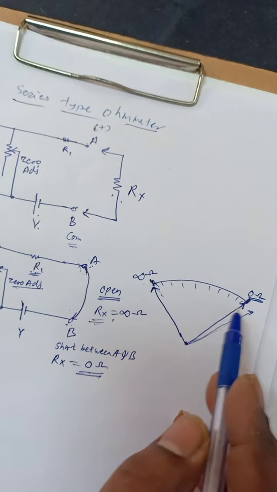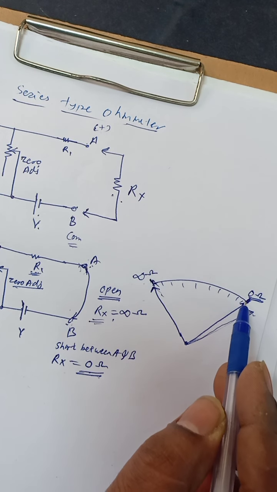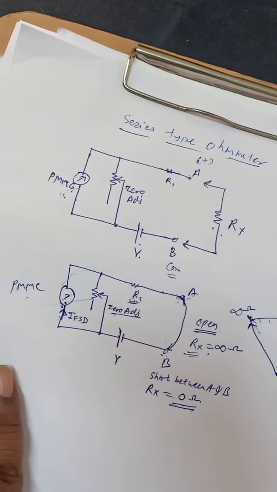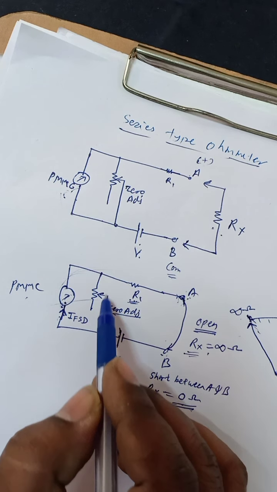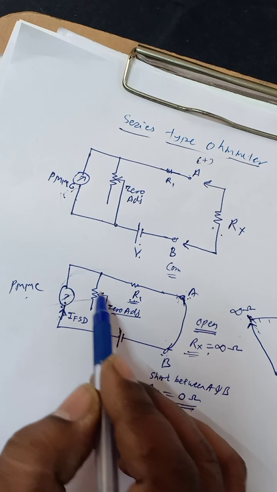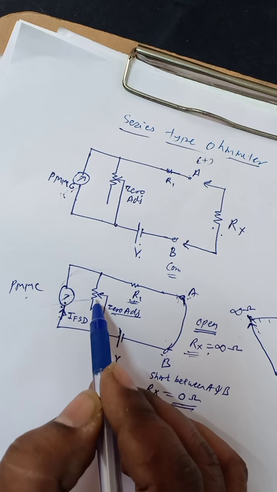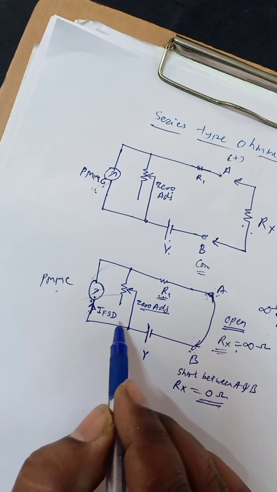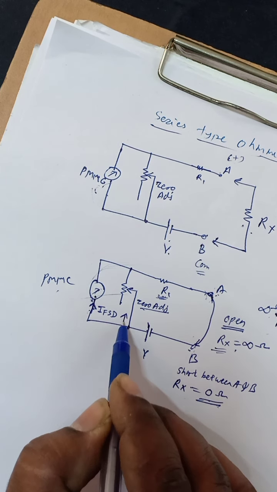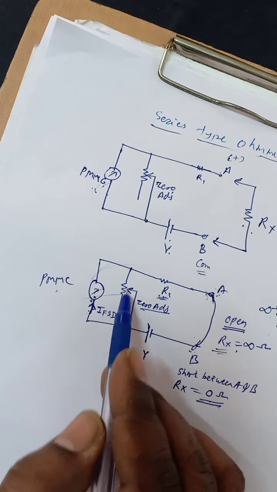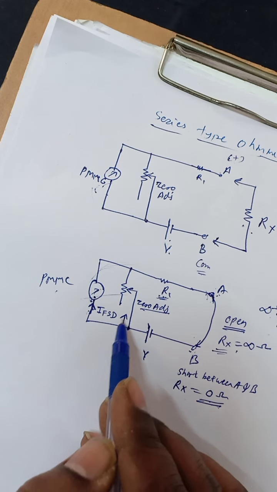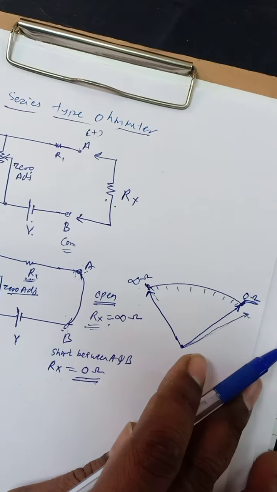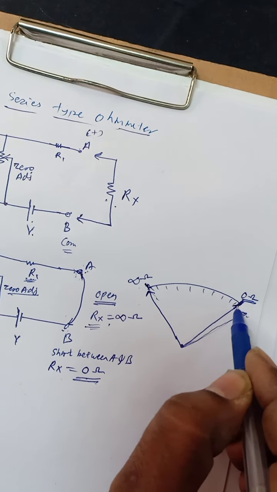If you short A and B and the needle deflects more than required, beyond this zero indication, in that case you have to adjust the potentiometer so that the extra current is diverted through this branch, and the meter current becomes equal to IFSD. It means that the needle is on this edge.